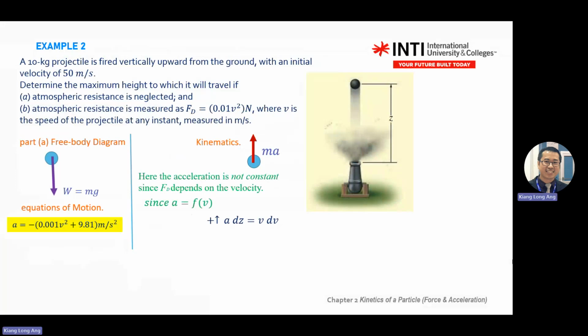So there's another equation you can use from chapter 1, which is the definition of A and V. V equal to ds dt, A equal to dv dt. You freeze the time, you can get A ds equal to V dv. Okay, this is how you use A ds equal to V dv.